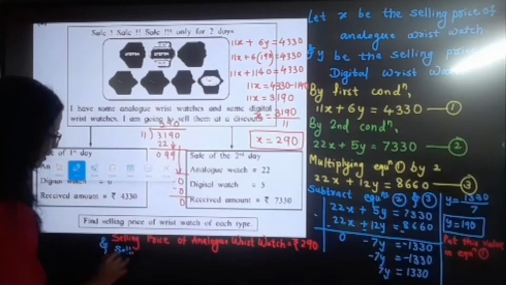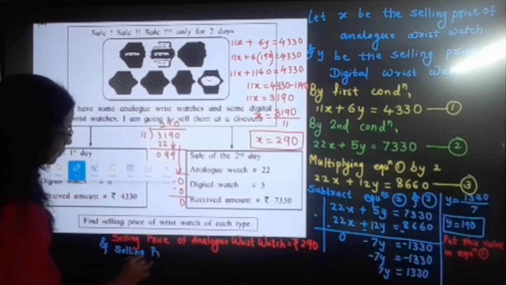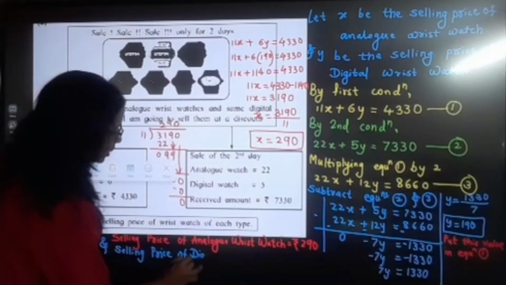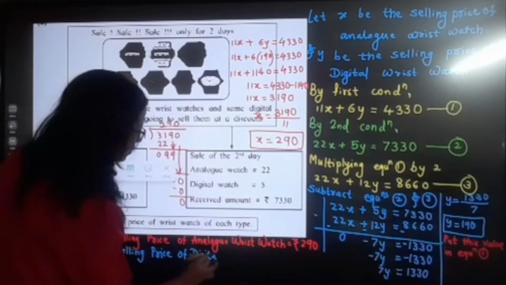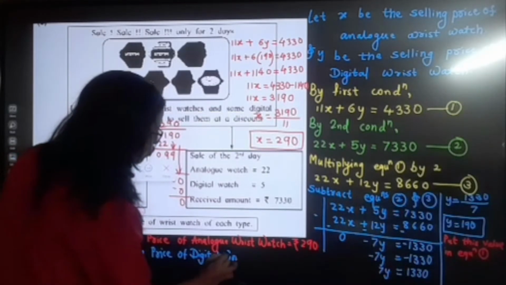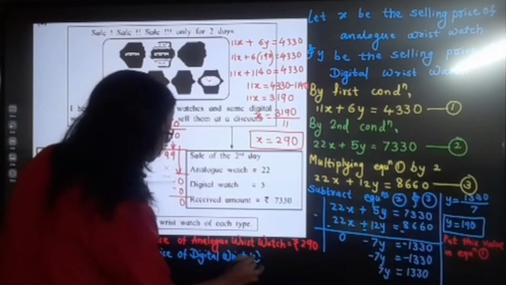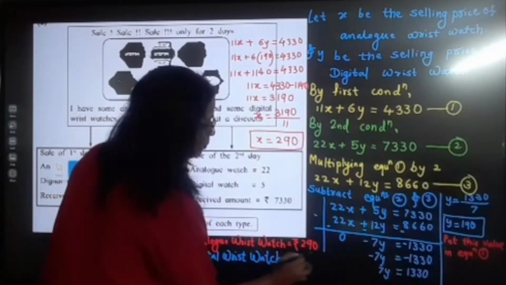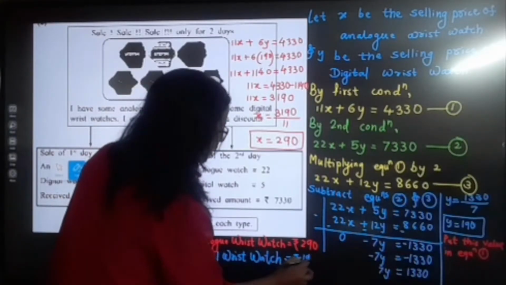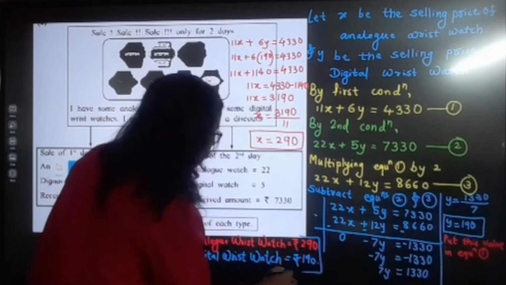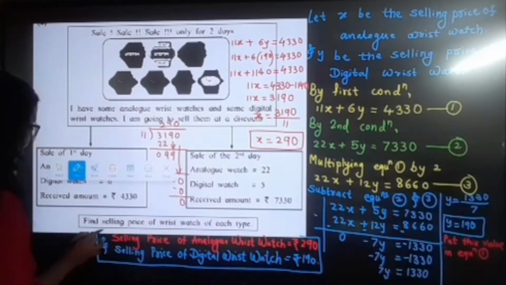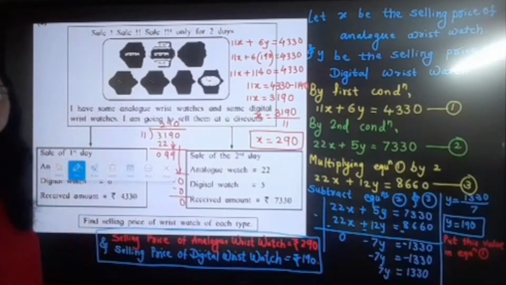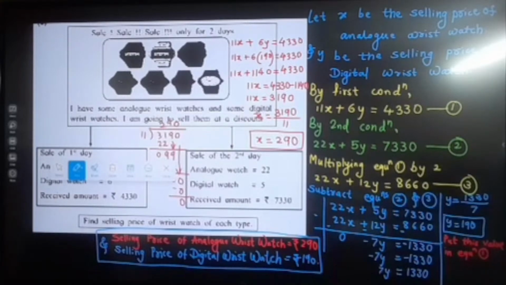And selling price of digital wristwatch is equal to rupees 190. Okay, students. So finally, we get the answer. So this is the final answer, students.